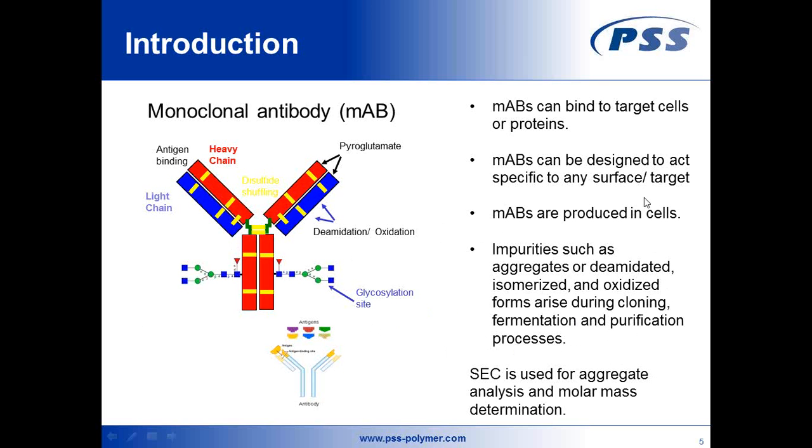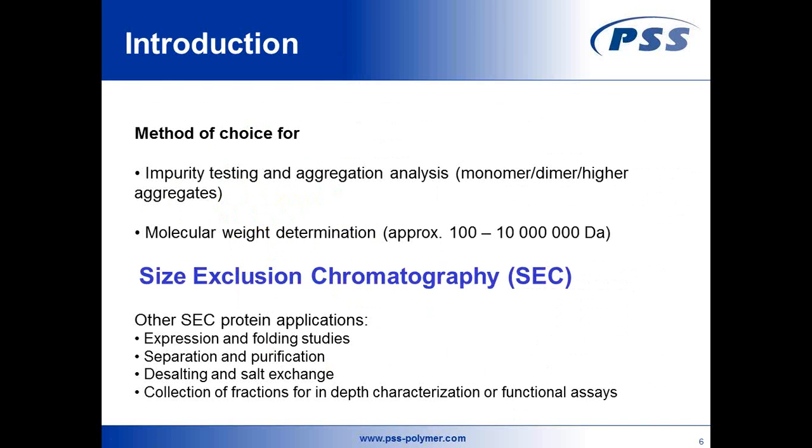So this more or less complex structure is a well-established structure to get analyzed by SEC, and what you can do with it is what we will see later on.